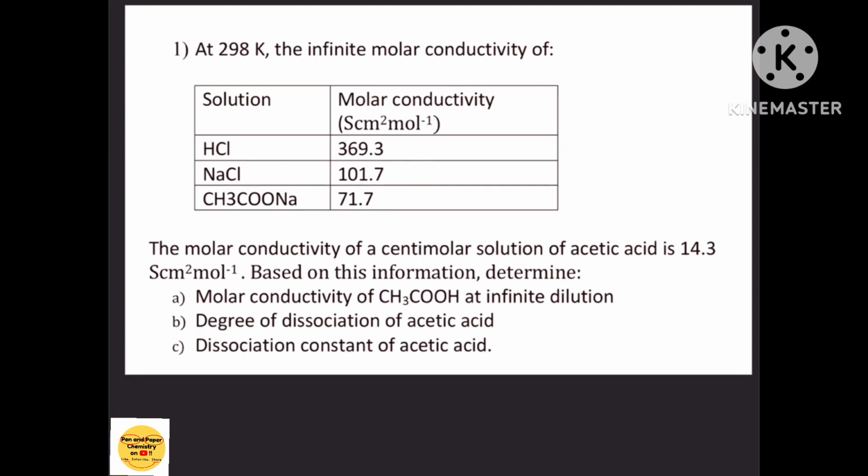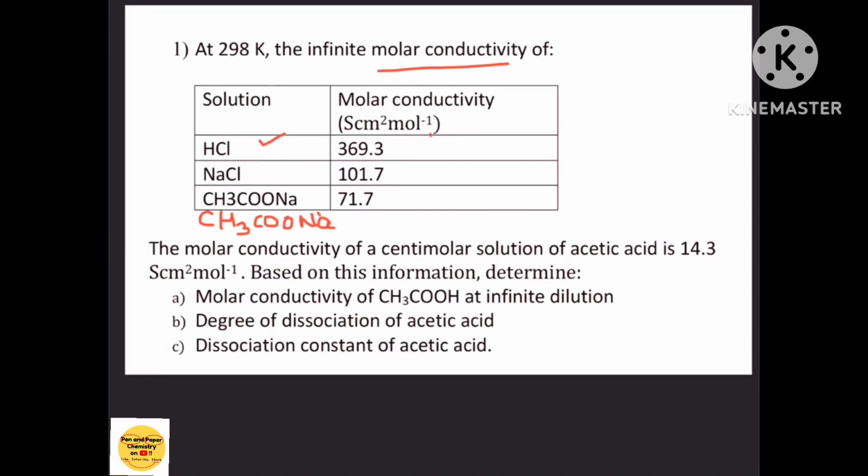The question says at 298 Kelvin, the infinite molar conductivity values are provided: HCl is 369.3 Siemens centimeter square per mole, sodium chloride is 101.7 Siemens centimeter square per mole, and sodium acetate, CH3COONa, is 71.7. Sorry, it should be written as CH3, so 3 comes as a subscript.